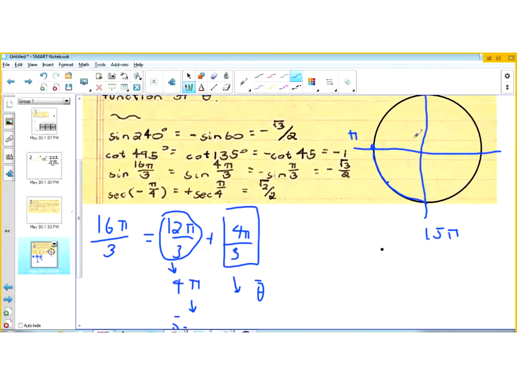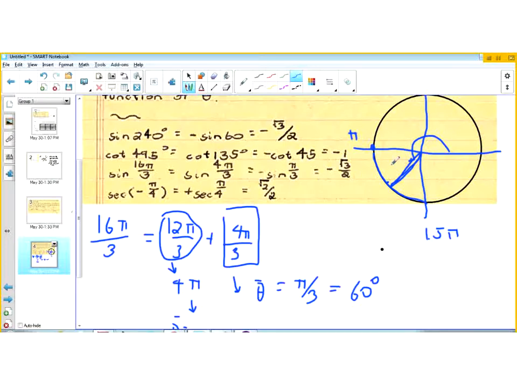That means 16 pi over 3 is coterminal with this angle 4 pi over 3. If we subtract pi over 3, then 4 pi over 3 will be back to the x-axis. So theta bar is equal to pi thirds radians, which equals 60 degrees.